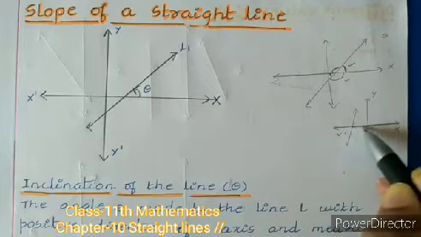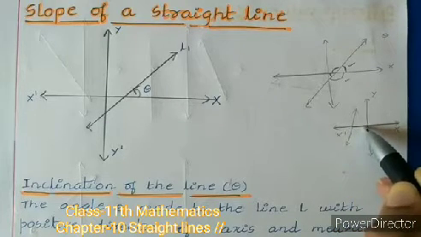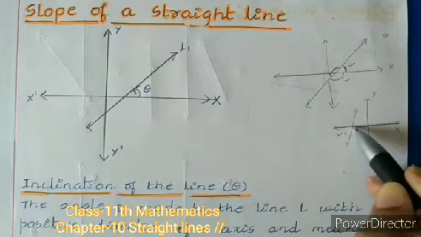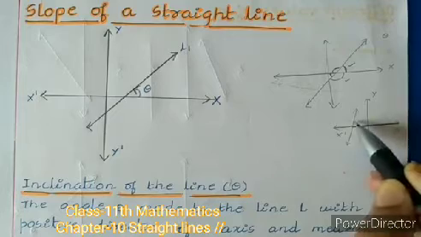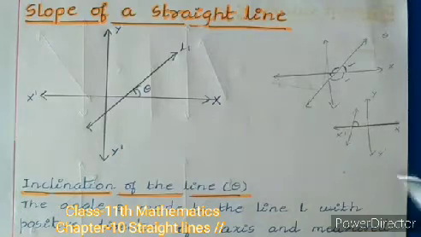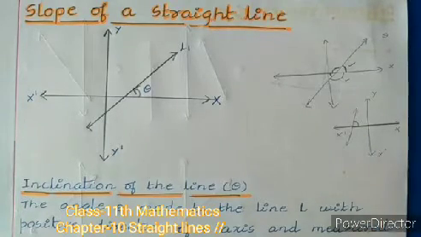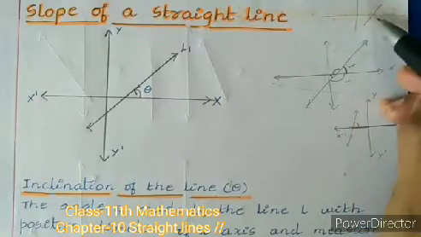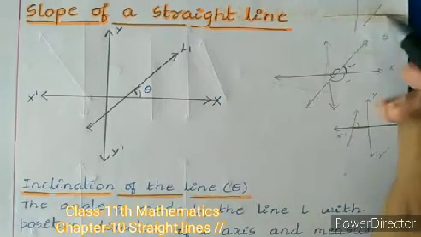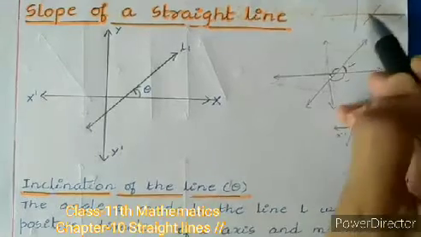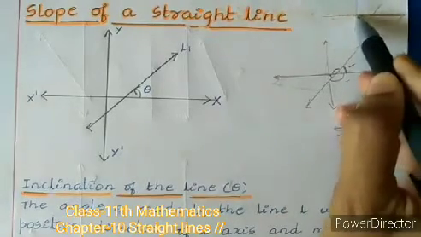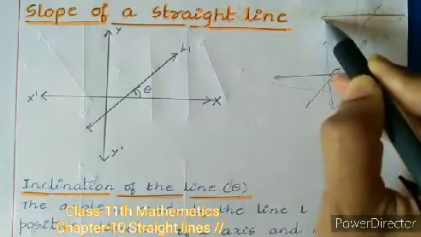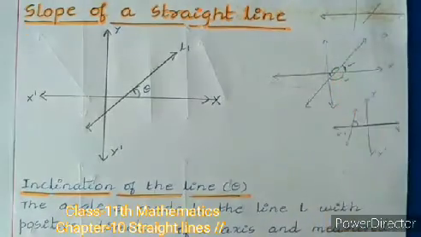Even though this much part is the negative x-axis, here we are talking about the direction, so you have to consider this one, that is the positive direction. Or let us say that you have some line which is located over here. Then in this case, this becomes the positive direction of the x-axis, and starting from here to here, the left side direction, that becomes the negative direction of the x-axis.